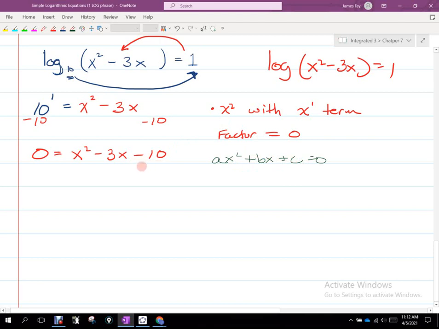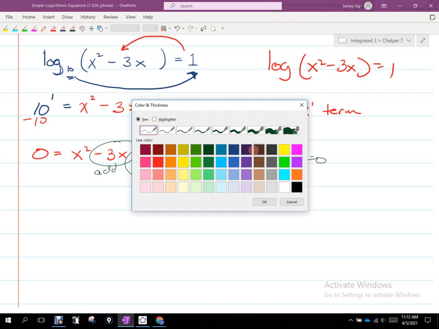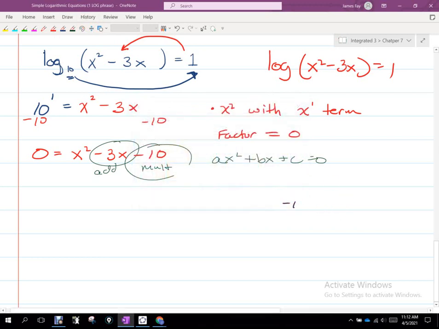Are there two numbers that multiply to give you negative 10, but add to give you negative 3? Multiplying to give negative 10, I could have 1 and 10, or 1 and negative 10. Do those add to give you negative 3?